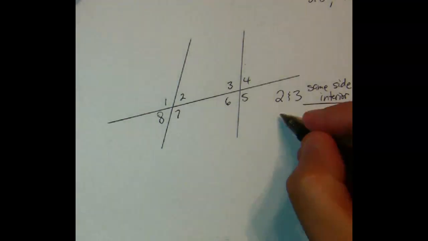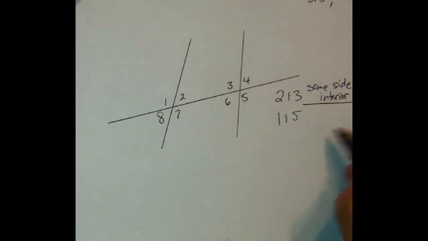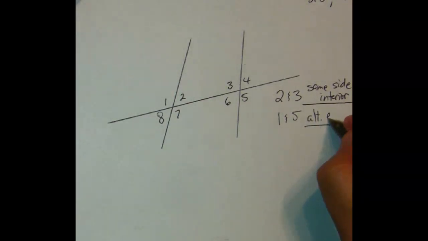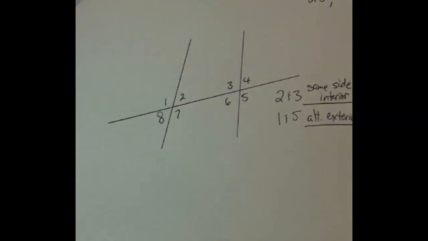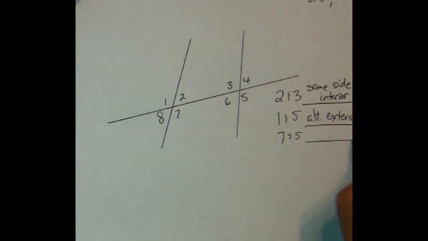What is 1 and 5? You are correct if you said alternate exterior. All right, let's try another one. 7 and 5.